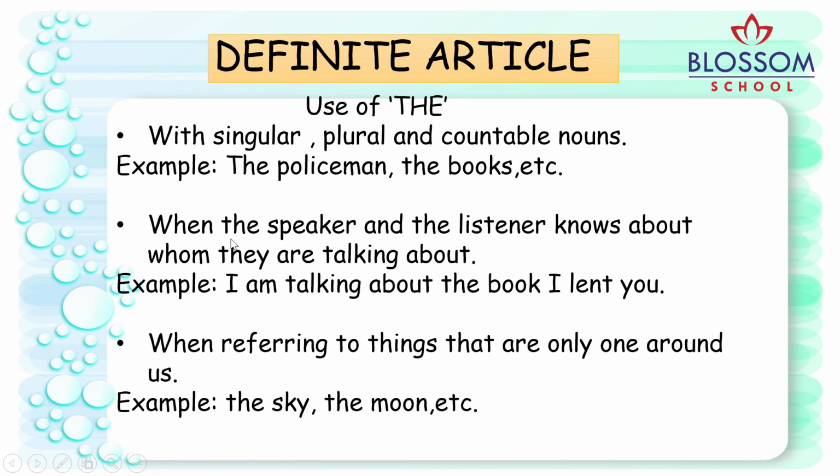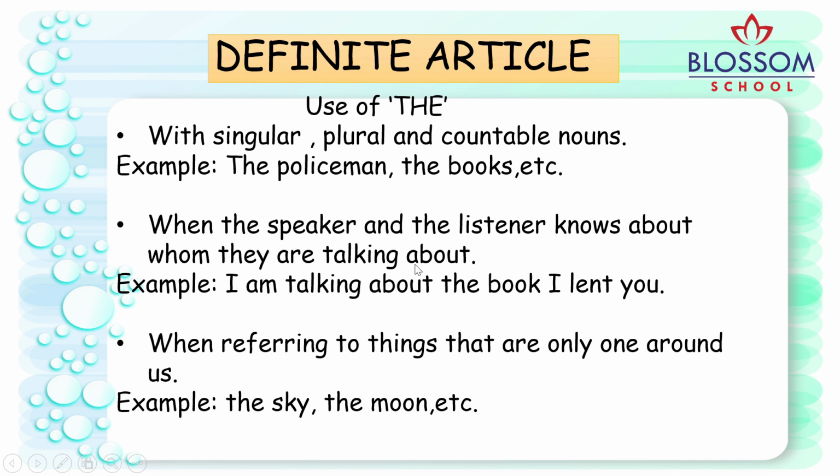The second situation when we use the article the is when the speaker, the person who is speaking, and the listener, the person who is listening, both know about whom or what we are talking about.